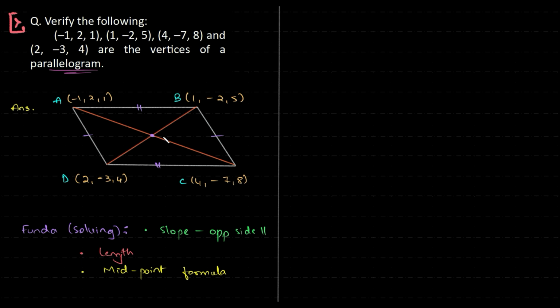If you prove any one of these, you are done basically. Since we are dealing with the distance formula, I'll just go with that. Since we don't have any other variation in this topic, I'm just going with this. Of course, in your final exam, whatever you want to do, you can use. If you learned a particular concept in any other chapter, you can use it over here.